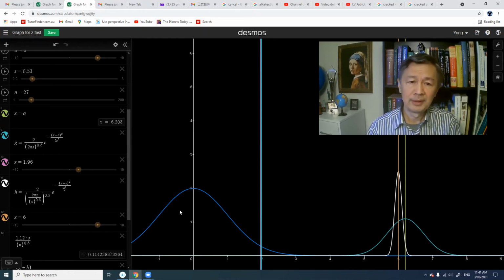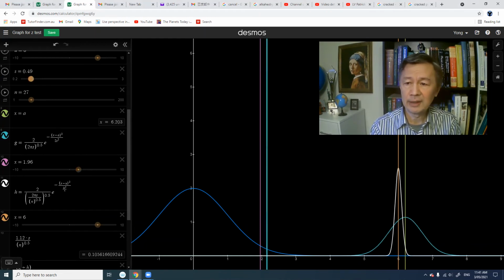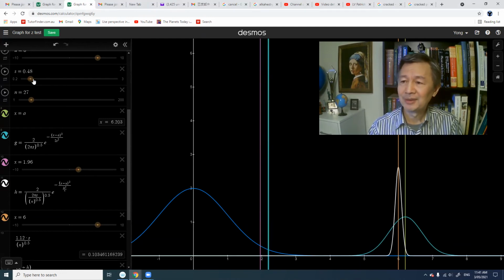Do you agree? If we continue to decrease the sample standard deviation, now we can confidently reject the null hypothesis, which means that over this critical point, we conclude the sample mean is different from the population mean.